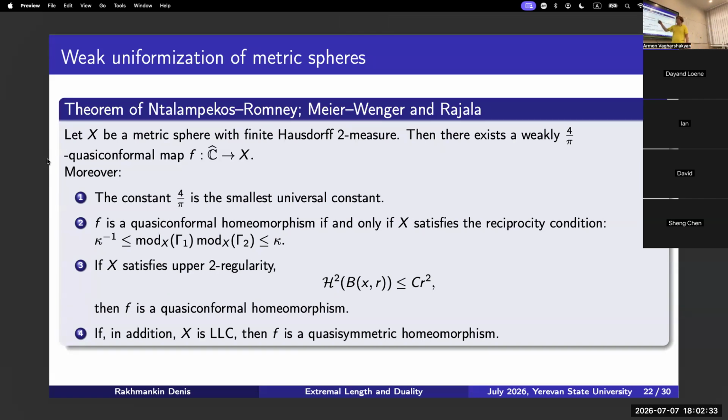A weak quasi-conformal map is a quasi-conformal map if and only if X satisfies the reciprocity condition, and this is the geometric criterion for that. And as we already know, if also X is LLC, then it's quasi-symmetric. So just to clarify, upper regularity gives you reciprocity. Yes, exactly.